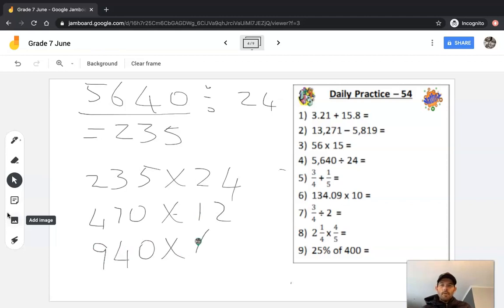And that's multiplied by 6. But I'm actually going to go one further and double 940. And that's going to be 1,880 multiplied by 3. Then I'm going to say 1,000 times 3 is 3,000. 800 times 3 is 2,400.